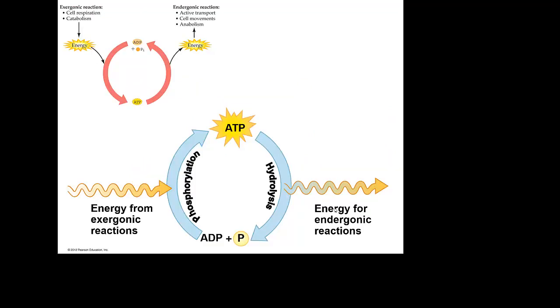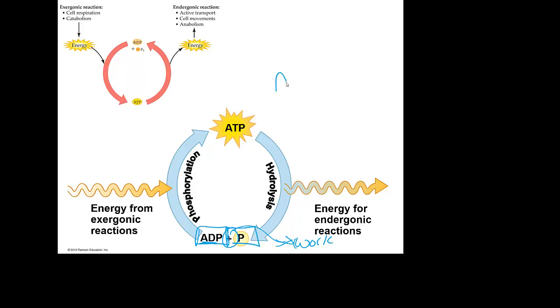This is how it works. We take that ATP through hydrolysis. We're going to break it down, get the energy out of that phosphate bond that we need to actually do work. But when we do that, we have 2 products, ADP and a phosphate.